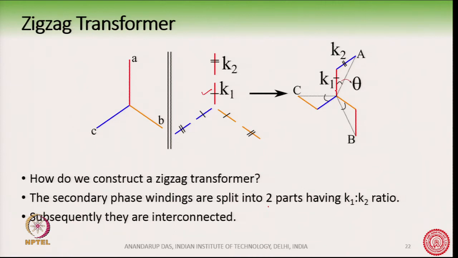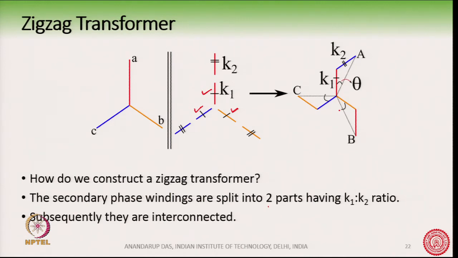Similarly, we take this winding and we draw it like here, and we take this winding, the blue one, and draw it here, and then we connect one side of the winding to form the star point here. Okay. So, we have taken this winding and this winding, and we have formed this one and this one.